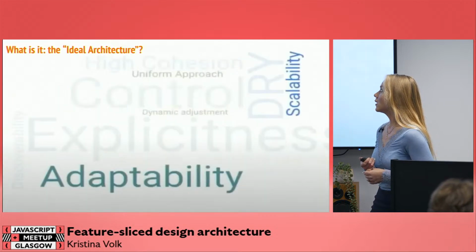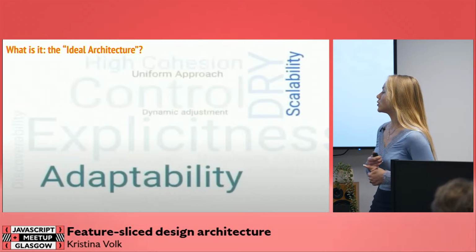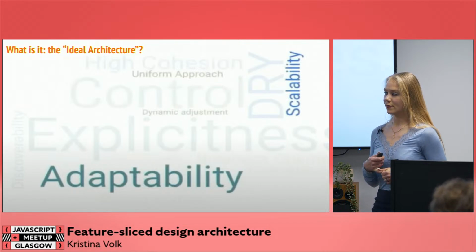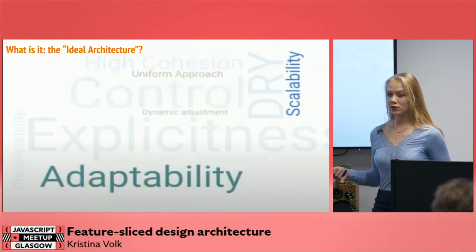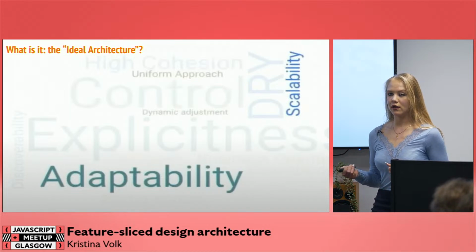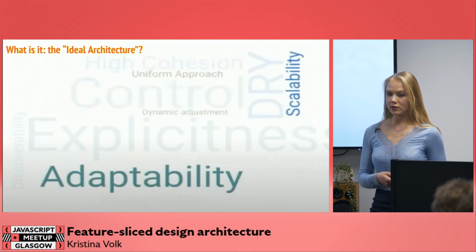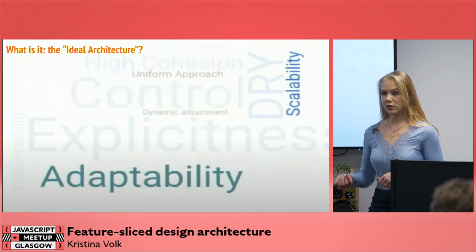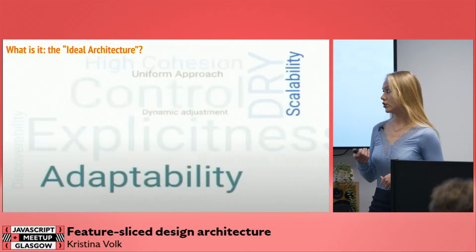Then, in terms of adaptability, between our modules we want low coupling, so they don't have to hook up to each other, and inside of the module we want high cohesion, so all the inner parts of the module should be really connected because they are striving to execute one task or achieve one goal.